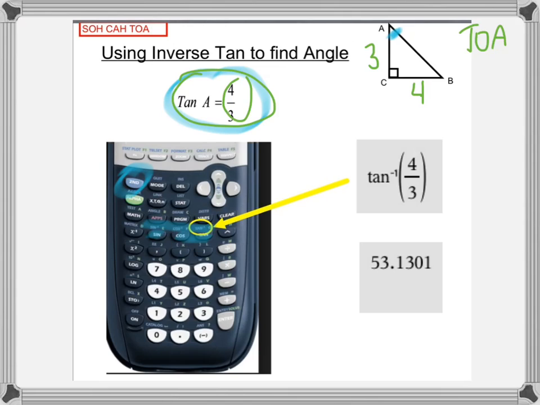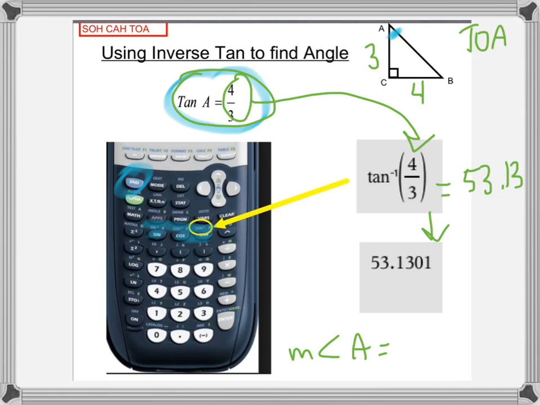Well, I can take that ratio and put it inside the inverse tan function, and what I get back out is 53.13. So I rounded it to the nearest hundredth, and that tells me that the measure of angle A is equal to 53.13 degrees.